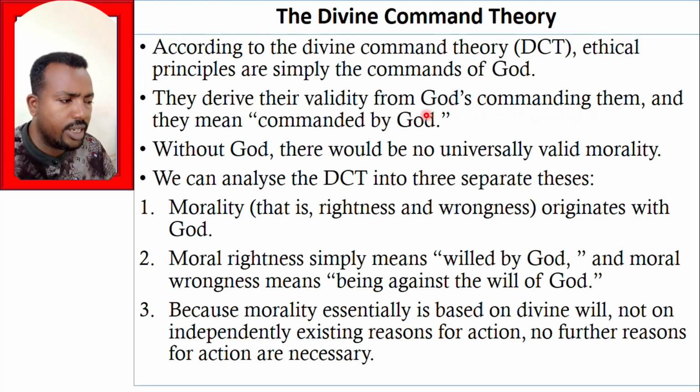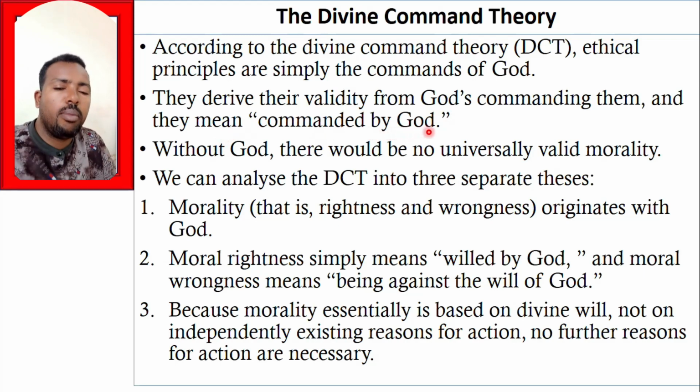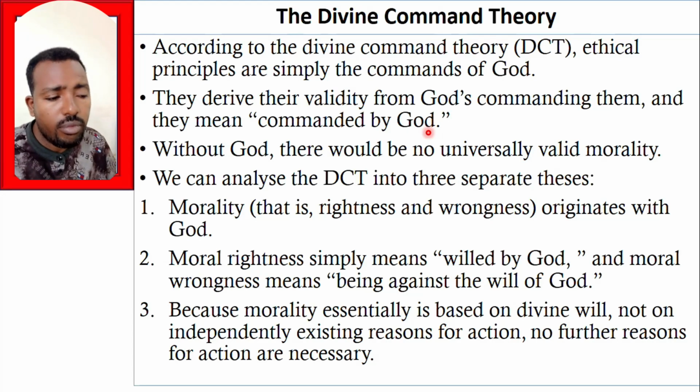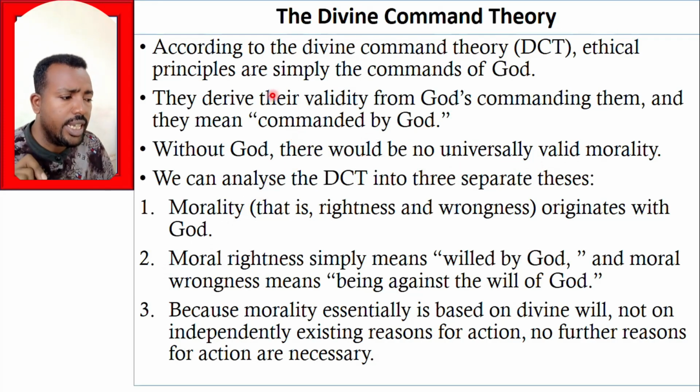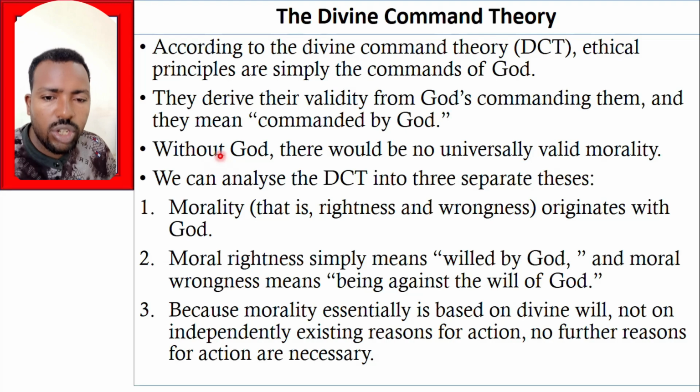These ethical principles are commanded by God, and a person is responsible to perform them. God requires people to perform those duties or fulfill those principles. They say without God, there would be no universally valid morality. That means God is the source of all moral principles, which are there to guide humans to act in performance of the duty.